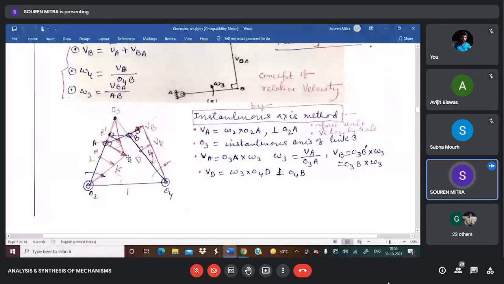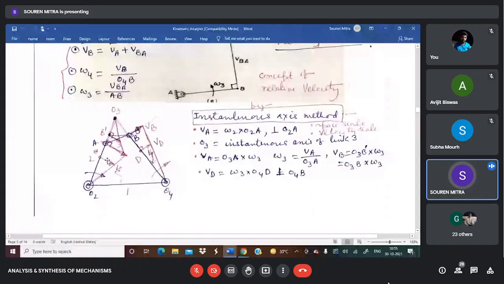We simply join this tip and the center and form a triangle. Then any point on this line will have velocity perpendicular to it. So drop a perpendicular. The point where this perpendicular intersects this line of the triangle will give you this velocity vector. So this is the velocity at point D.